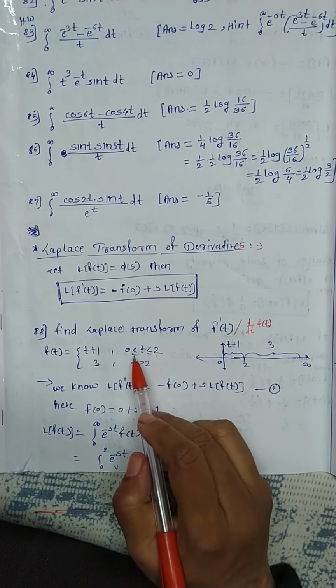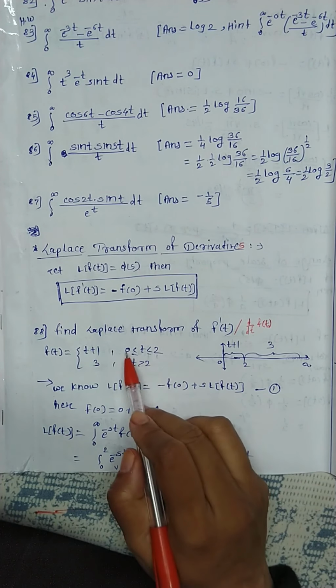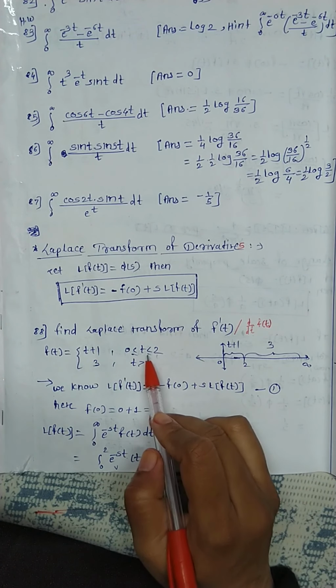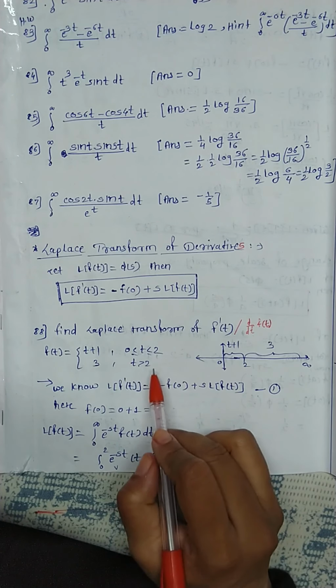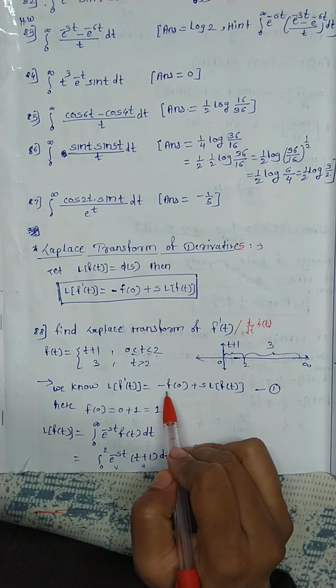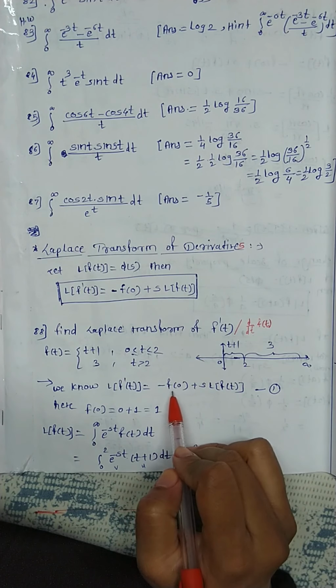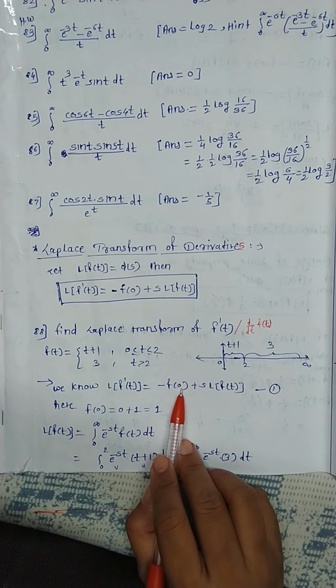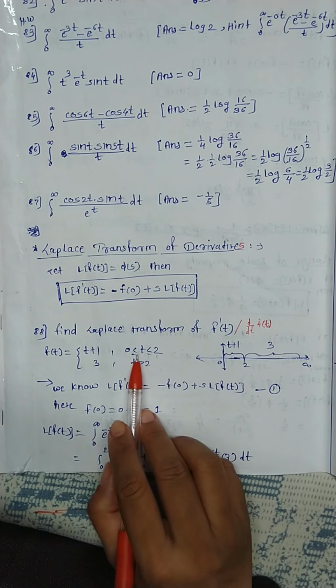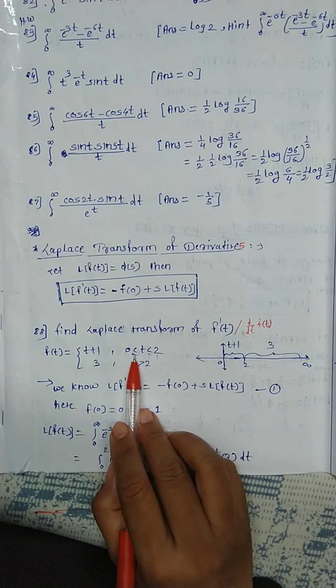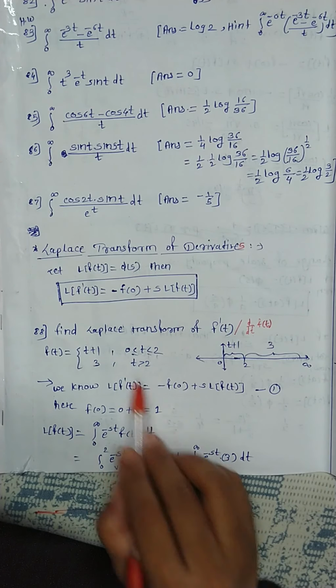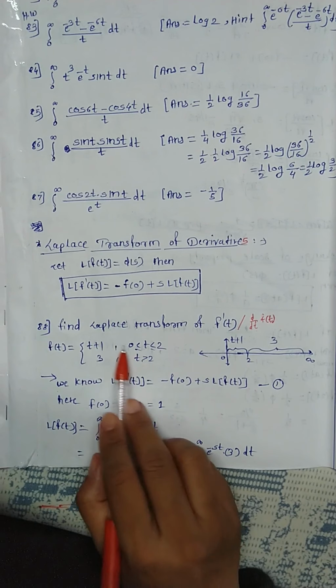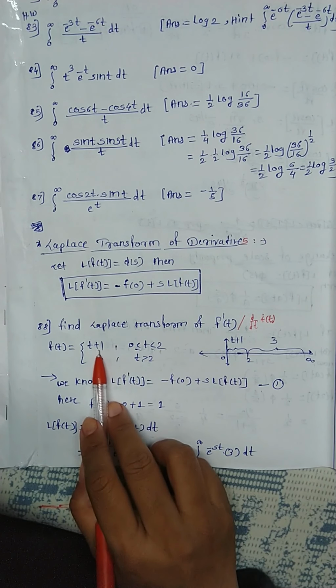The first interval is 0 to 2, means the values consisting from 0 to 2. If you want to calculate f of 0, we have to put the value t is equal to 0. In which interval does 0 fall? In the first interval only 0 is there. That's why we have to put 0 in this value of the function.